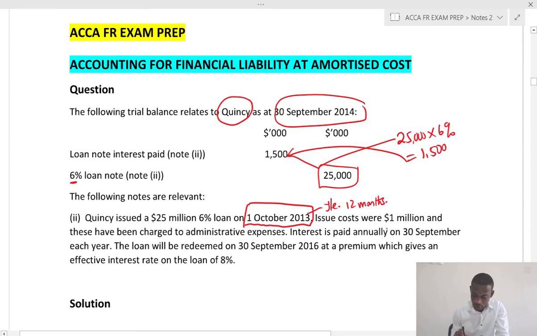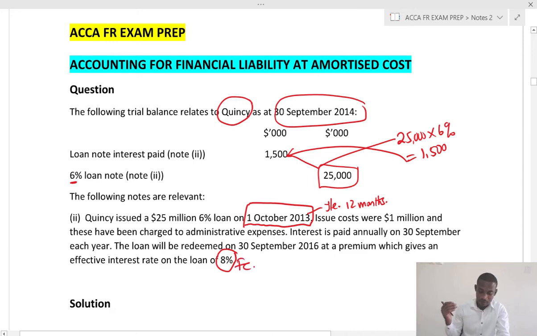Issue costs were 1 million, and these have been charged to administrative expenses. Interest is paid annually on 30th September each year. The loan note will be redeemed on 30th September 2016 at a premium which gives an effective interest rate on the loan of 8%. So this will become the finance cost interest.